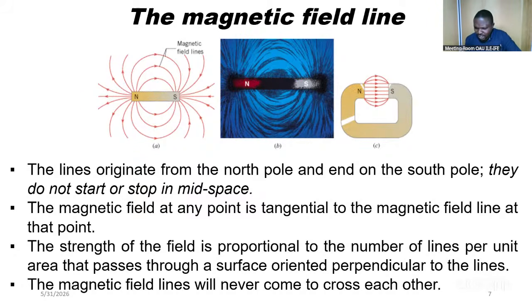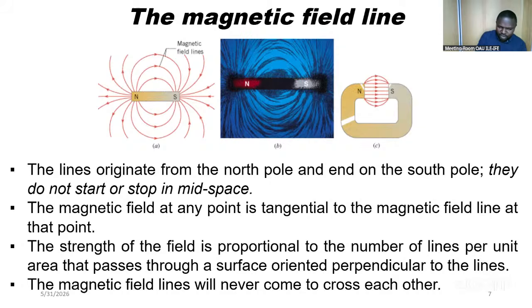But may I tell you something? Under the bar magnet, the magnetic field lines can never cross one another. The magnetic field at any point is tangential to the magnetic field line at that point. The lines originate from the North Pole and end on the South Pole; they do not start or stop midway. They can only start from the north side and end at the south side.